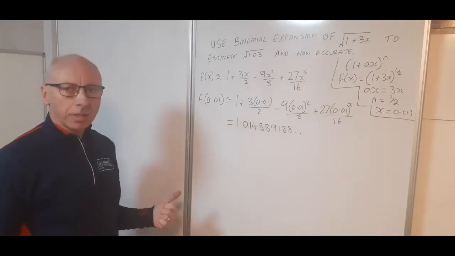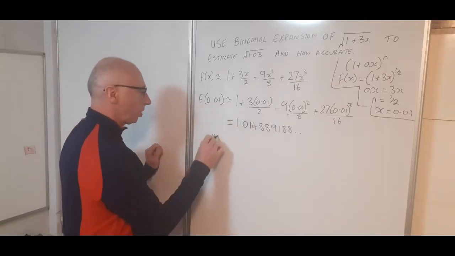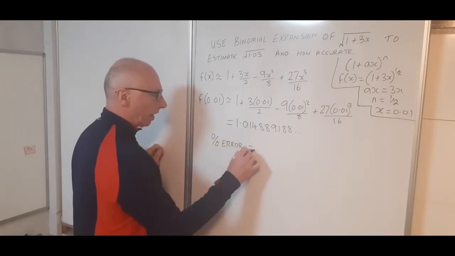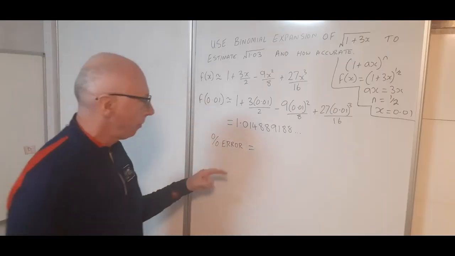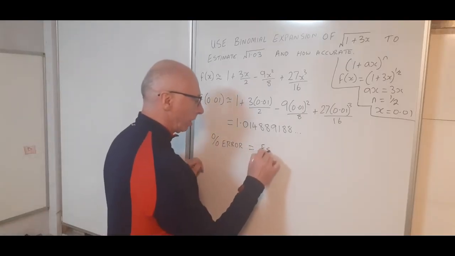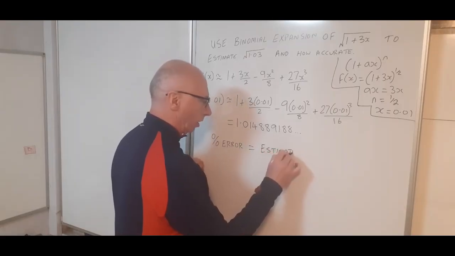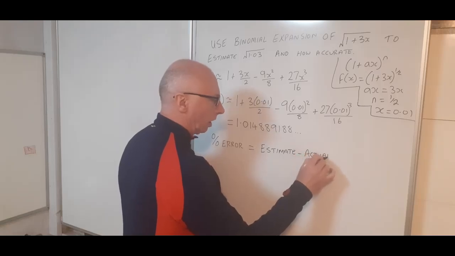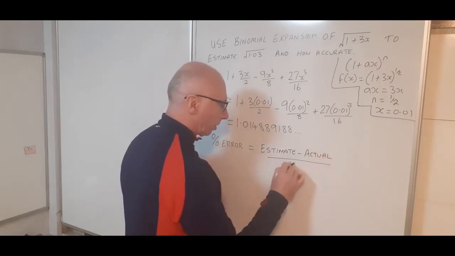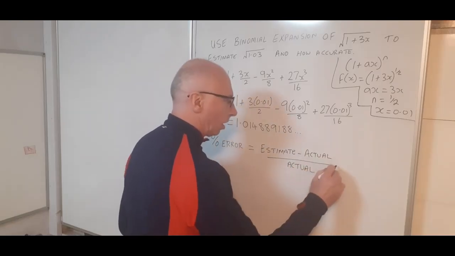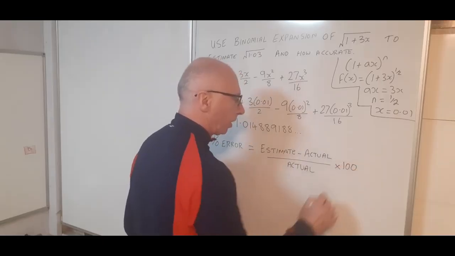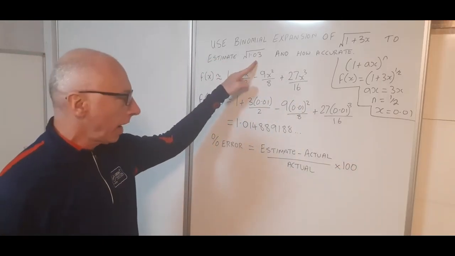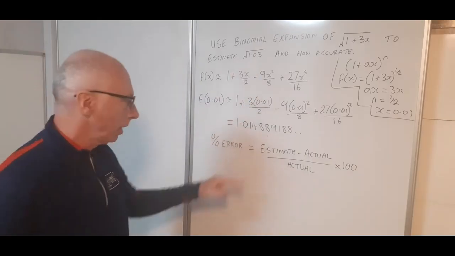So to find out how accurate that is, I want my percentage error. To calculate that, I need the estimate minus the actual, and divide that all over the actual, times by 100.